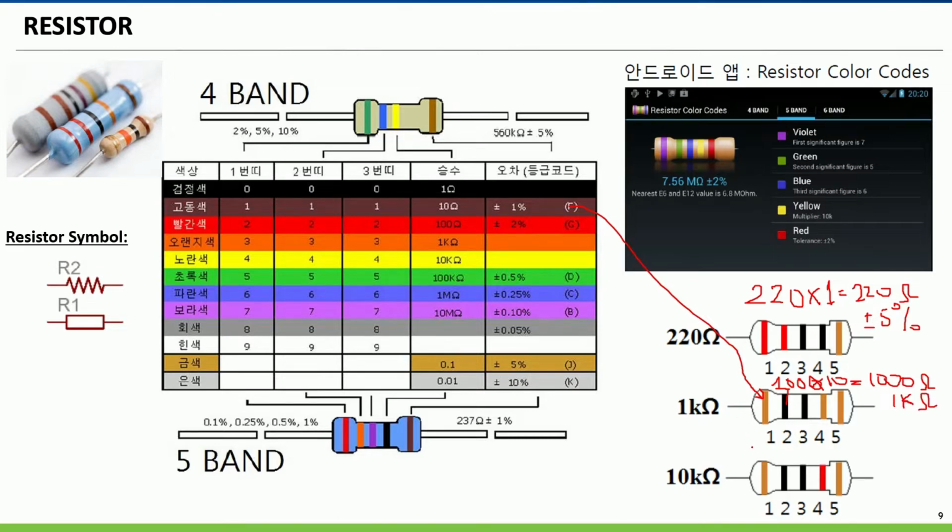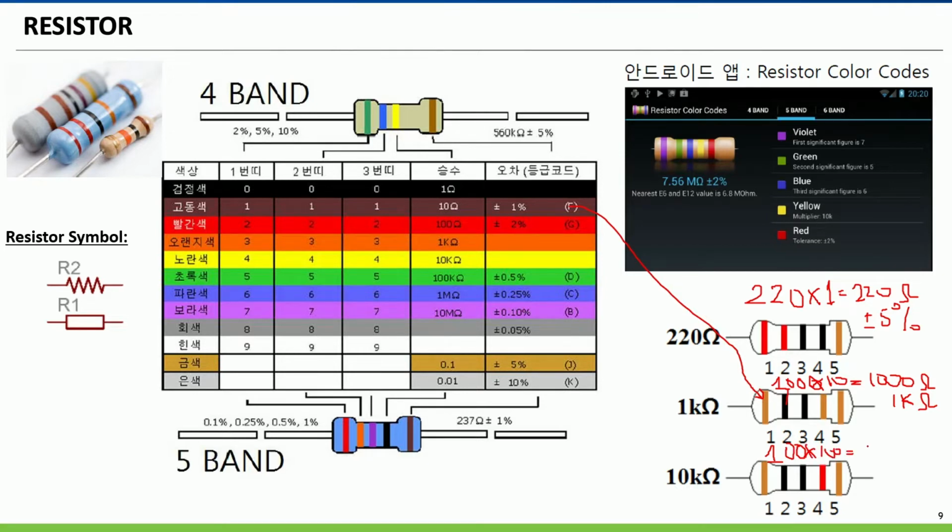Something like this. For the third case, the same. This one is the brown color, and then black color, third and second and third, and multiplication of red.